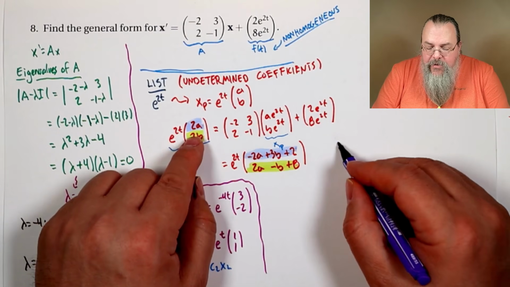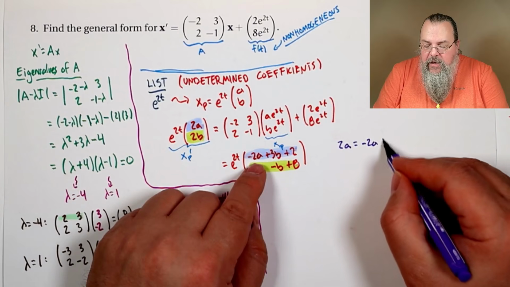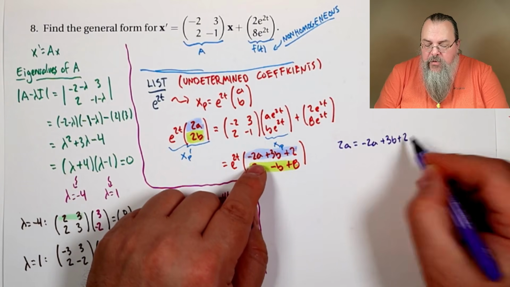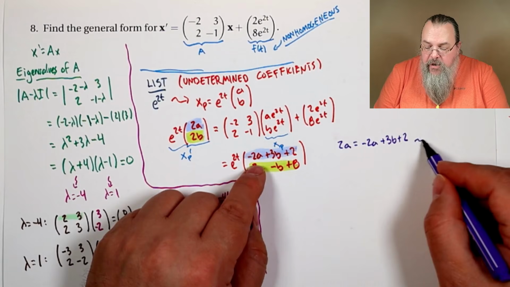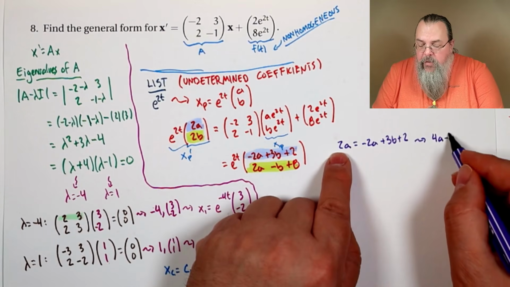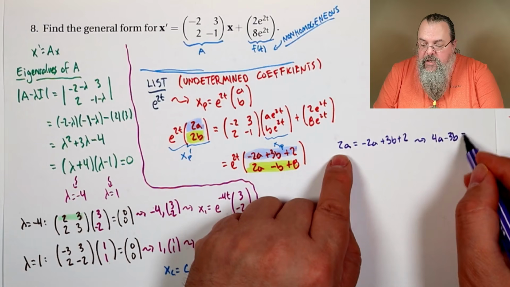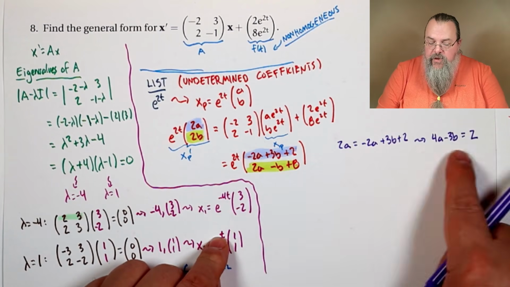So we have 2a is -2a plus 3b plus 2. Or, if we move things around, this becomes 4a, right? Because you add 2a, minus 3b equals 2. Okay, so we just move things across.